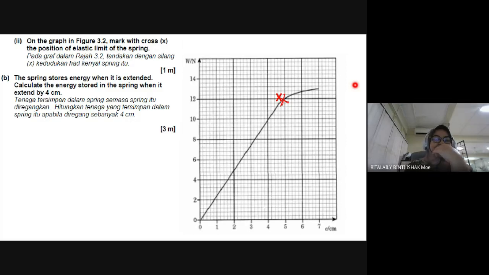Okay, B. The spring stores energy when it is extended. Calculate the energy stored in the spring when it extends by 4 cm. So how much? Calculate. How much did you get?